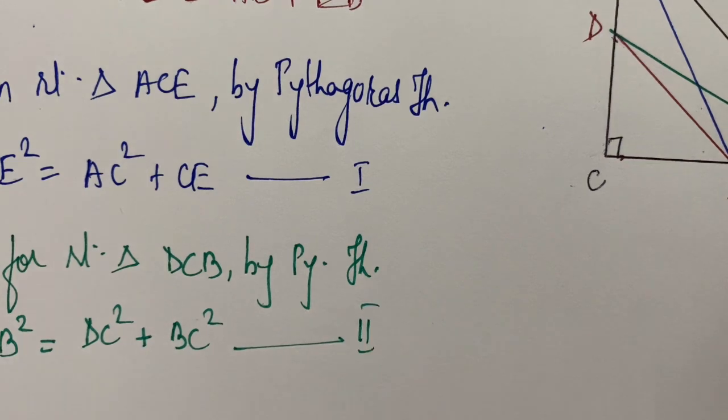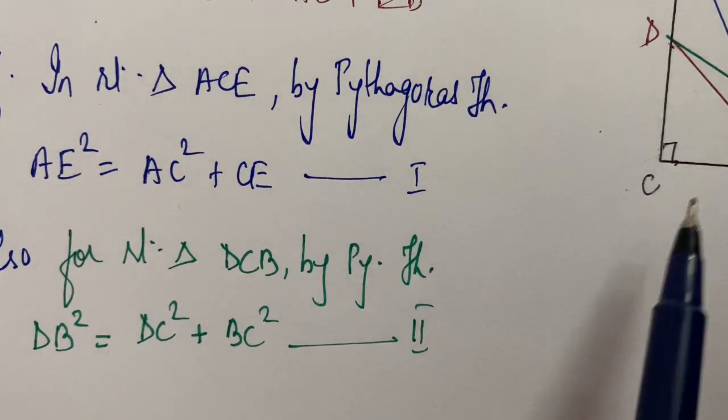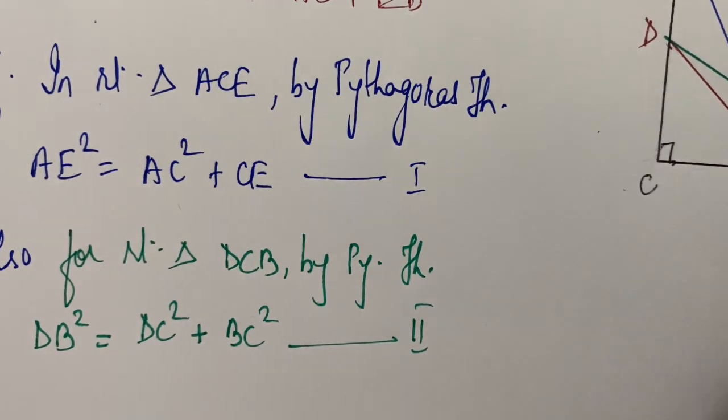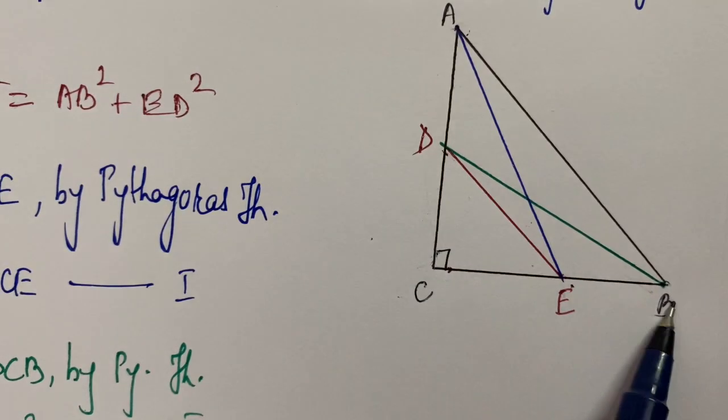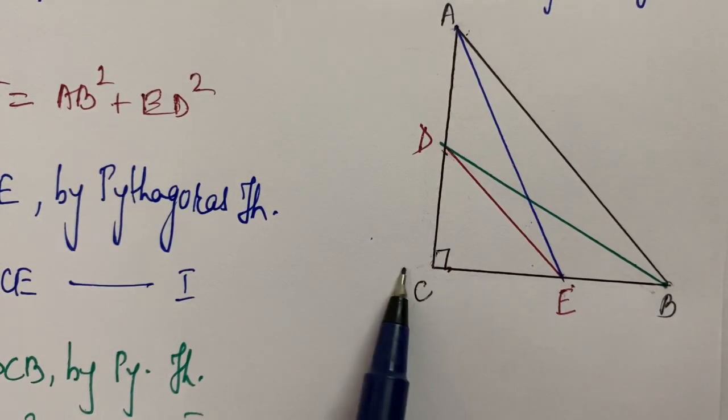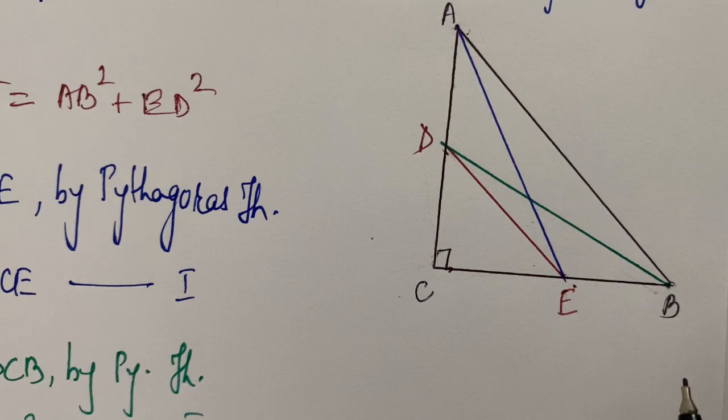This is your equation number 2. Are you getting that? What is DB square? See the figure. DB square is DC square plus BC square. So we have written that.